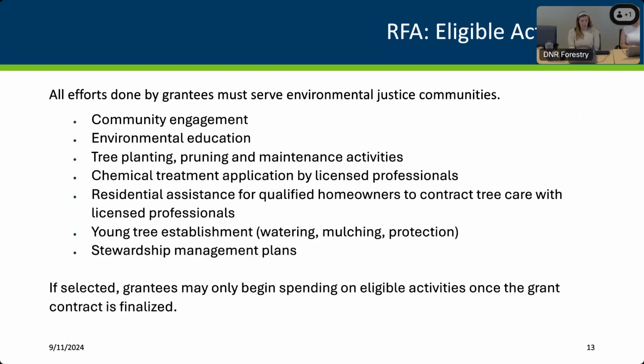These funds can be used for community engagement, environmental education, tree planting, pruning and maintenance activities, application of chemical treatment by licensed professionals, residential assistance for qualified homeowners to contract tree care with licensed professionals, help to establish young trees or newly planted trees with activities like watering, mulching, stem protection, and then the development of stewardship management plans. If selected, grantees may only begin spending on eligible activities once the grant contract is finalized.